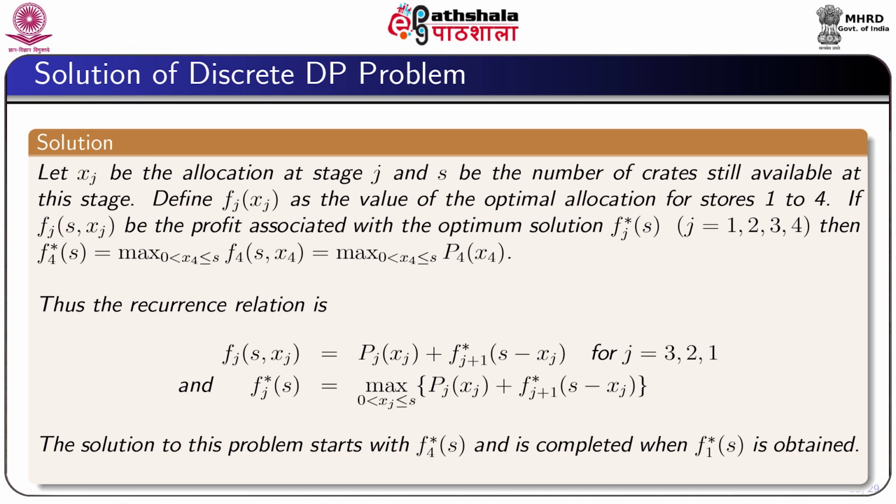Then the recurrence relation can be obtained for j equal to 1, 2 and 3 as f_j(s, x_j) equals P_j(x_j) plus f_(j+1) star(s minus x_j). The solution to this problem starts with f_4 star(s), that is, we will first allocate in the fourth store and then we will proceed backward.